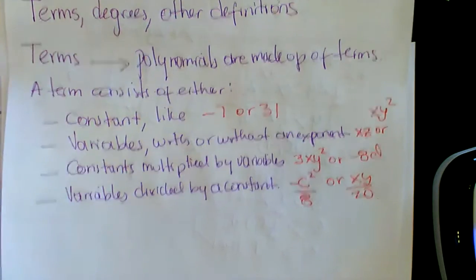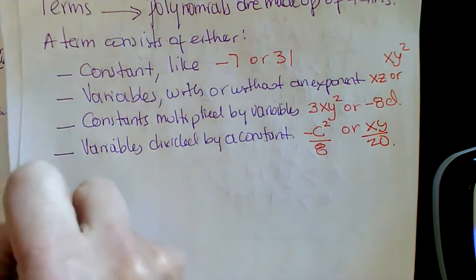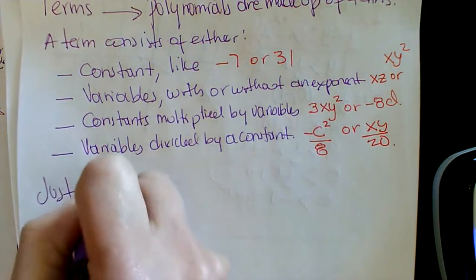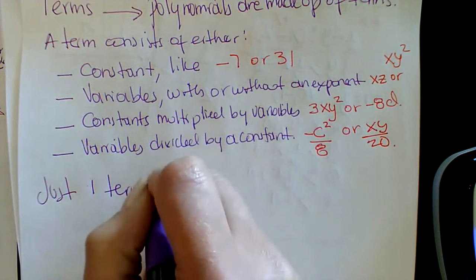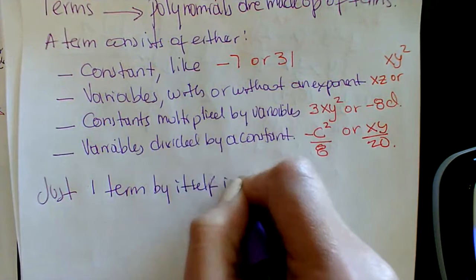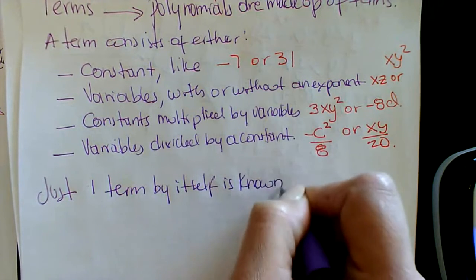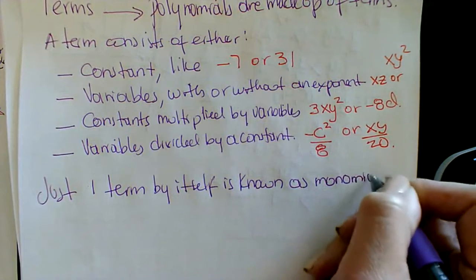And the polynomials, when we talk about that they have only one term, we call it monomials. So just one term by itself is known as monomial.